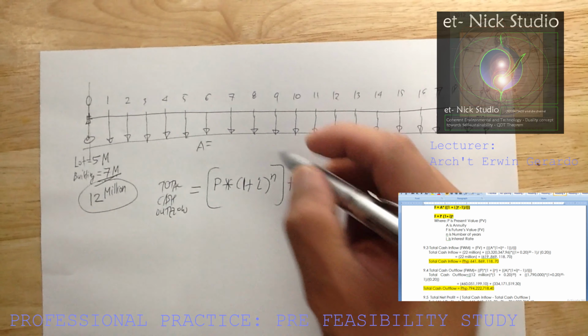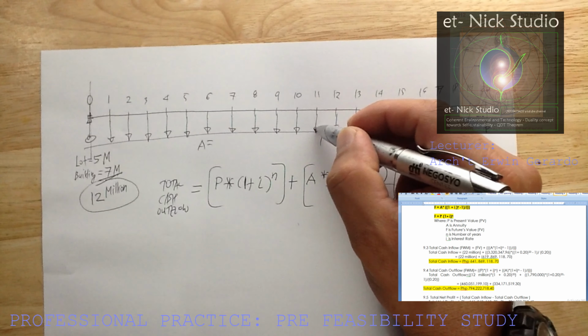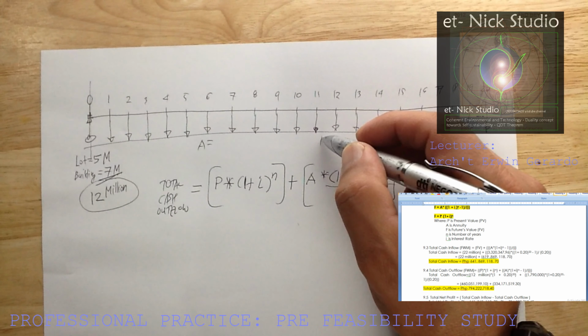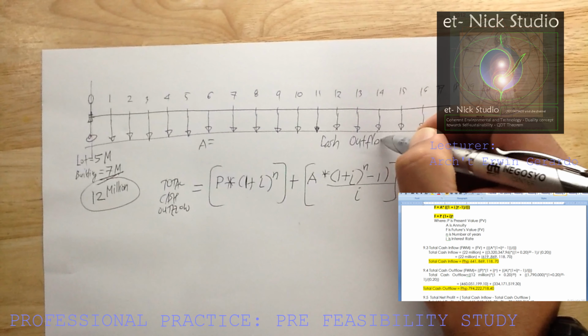The diagram that is presented here, everything is pointing downward. This is now what we call the cash outflow diagram.